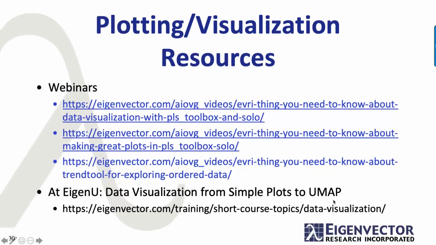That's another plotting tool that's useful for doing things like integrating peak areas and things like that. And then we have a class at our Eigenvector University, data visualization from simple plots to UMAP, and we'll be presenting that again in May in Seattle. It will be part of the agenda there.